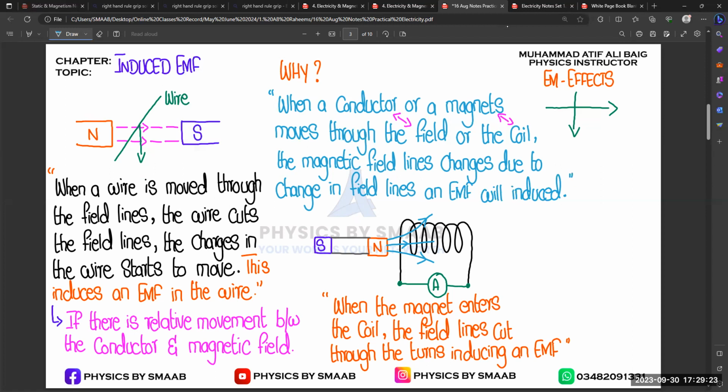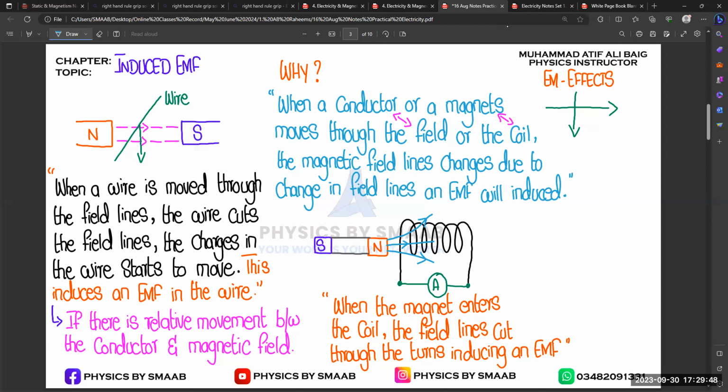The reason is that this happens due to the change in the magnetic field. So due to the change of the magnetic field lines through the conductor or in the magnetic field, induction of EMF actually takes place. So this is the important thing that we discuss, right?